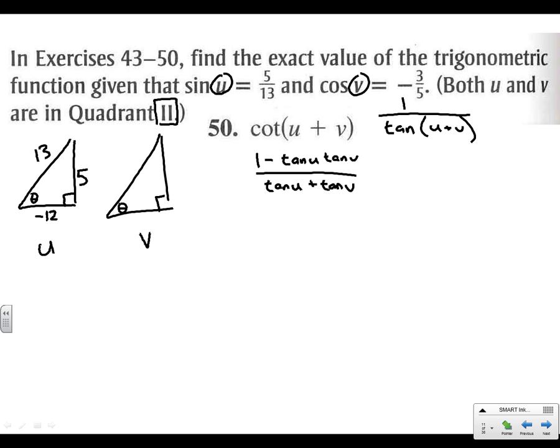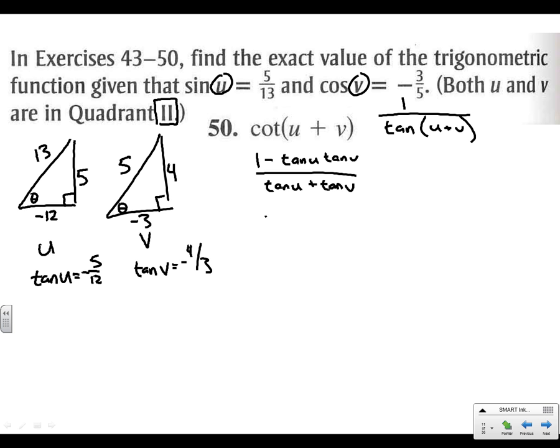I get 12 from the Pythagorean theorem. All right, so again on this one, negative 3 over 5. Pythagorean theorem, we're going to have 4. And so if we look at u, what is the tangent of u? It's going to be negative 5/12. And what is the tangent of v? It's going to be negative 4/3.